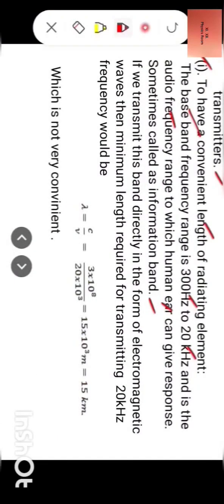If we transmit this band directly in the form of electromagnetic waves, then minimum length required for transmitting 20 kHz frequency would be given by the expression lambda equal to c by nu, or lambda is equal to 3 into 10 raised to power 8 meter per second for c, velocity of light, and 20 into 10 raised to power 3 hertz, frequency nu, and it comes out to be 15 into 10 raised to power 3 meter, or it is equal to 15 kilometer.